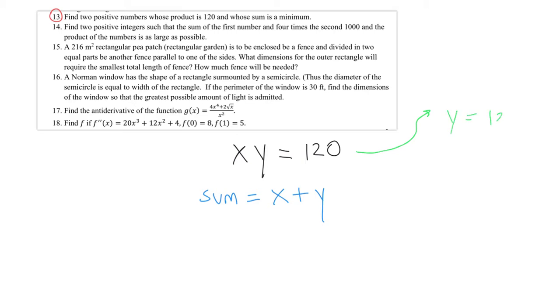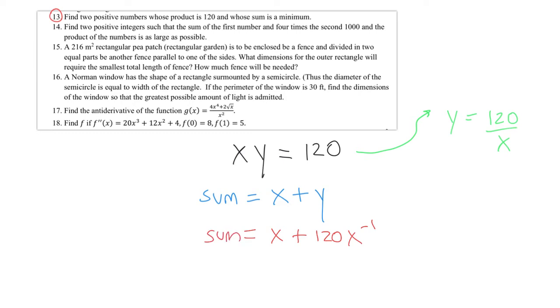We could do vice versa and figure out what x is in terms of y, but you just kind of pick one. y equals 120 over x, so that means we could replace this y with 120 over x. And that's really 120 times x to the negative 1. So that is the sum.